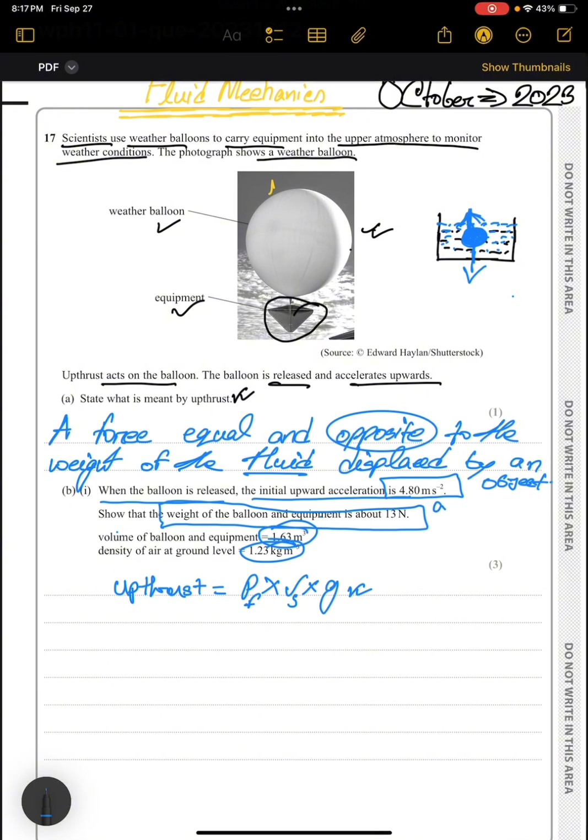We have been given the density, we have been given the volume, and we all know the gravity. So we can multiply 1.23 into 1.63 into 9.81. The answer will be 19.67 Newton.